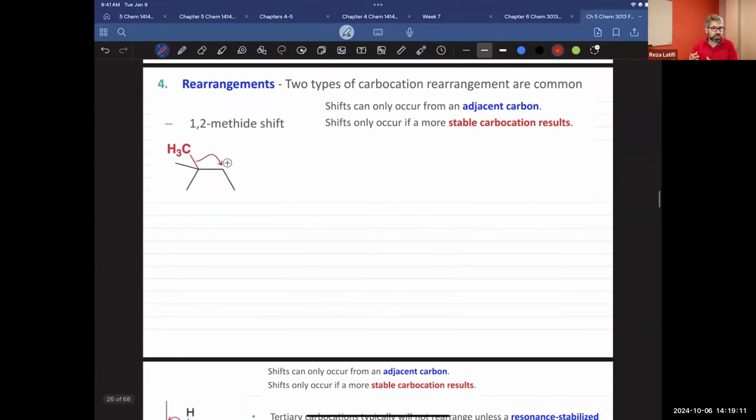Now, what if it's a methyl instead of hydrogen? Can I move that methyl group? Let's see. Here we have a secondary carbocation. If I move this, I get such a thing. Put the CH3 here, so I moved it there.